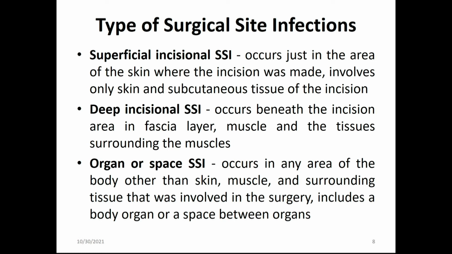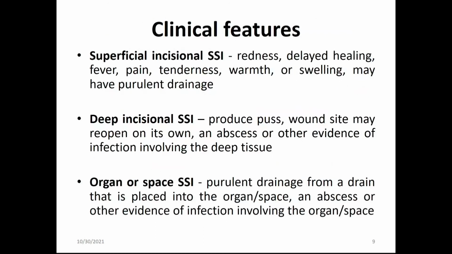But the more advanced one, the organ or space surgical site infection, occurs in any area of the body other than the skin, muscles, and surrounding tissue that was involved in the surgery, and includes body organs and the space between the organs.